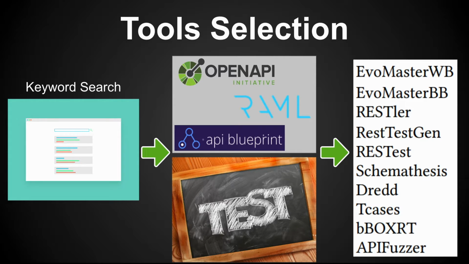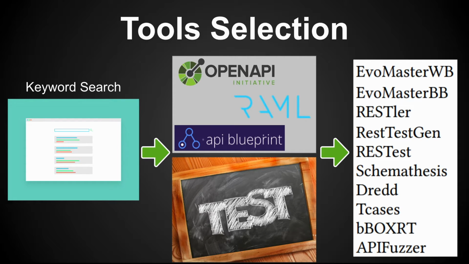Among the resulting set of papers, we selected techniques and tools that first rely on well-known REST API standards such as OpenAPI, RAML, and API Blueprint, and second, produce actual test cases. Finally, we collected 10 tools: EvoMaster WB, EvoMaster BB, Wrestler, RestTestGen, RESTler, Schemathesis, Dredd, Tcases, bBOXRT, and APIFuzzer.